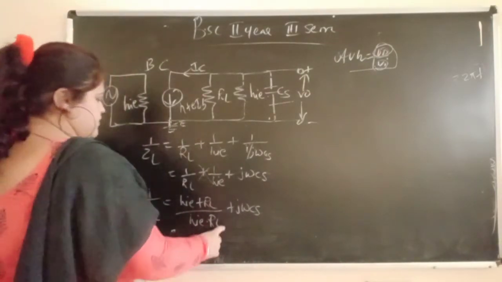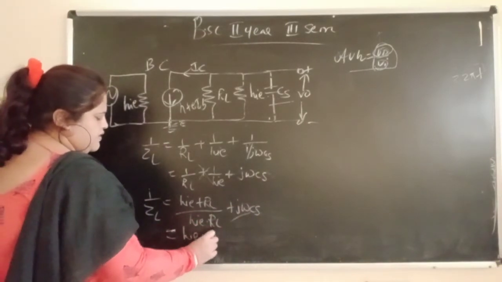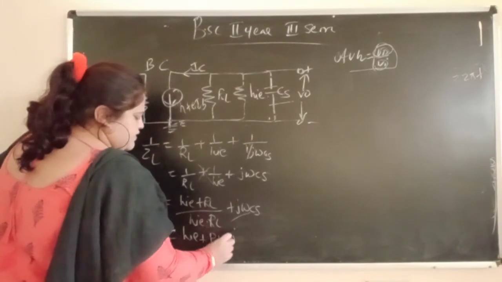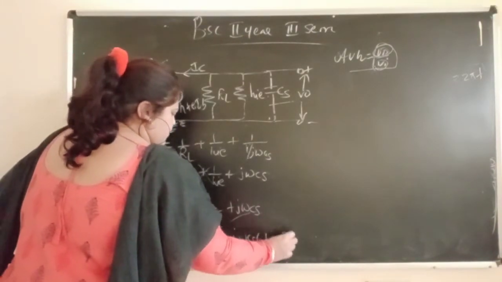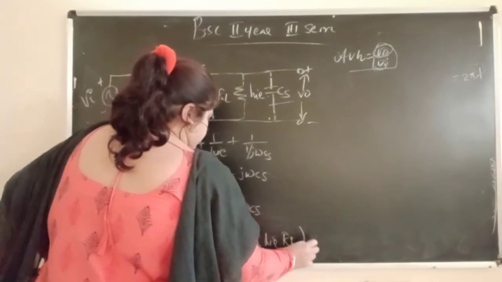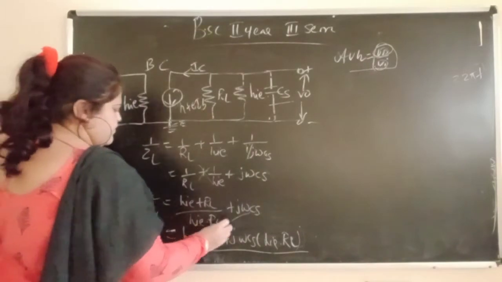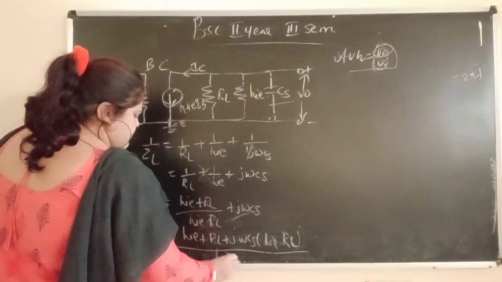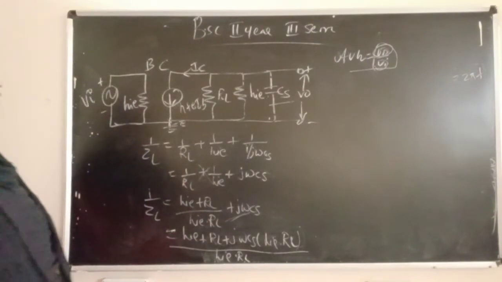First we reduce this, then do the cross multiplication, (HIE plus RL) by (HIE into RL), plus j omega CS. This is your 1 by ZL value.